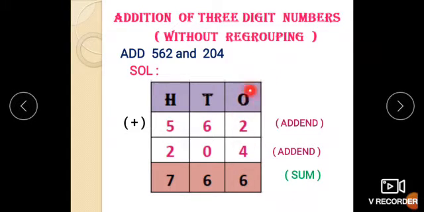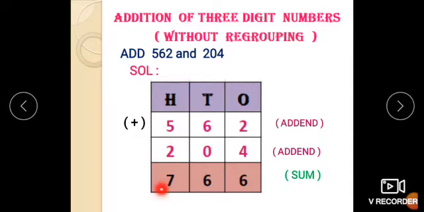First we add in the ones place column. 2 plus 4, the answer is 6. Next we add in the tens column. 6 plus 0, the answer in the tens place is 6.